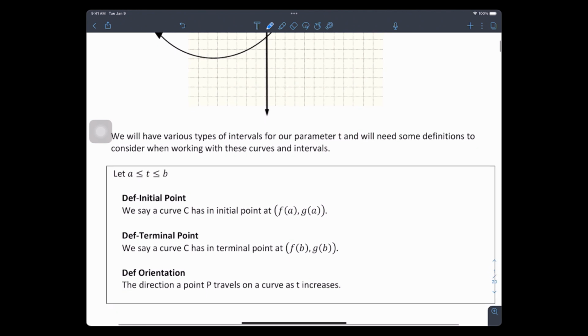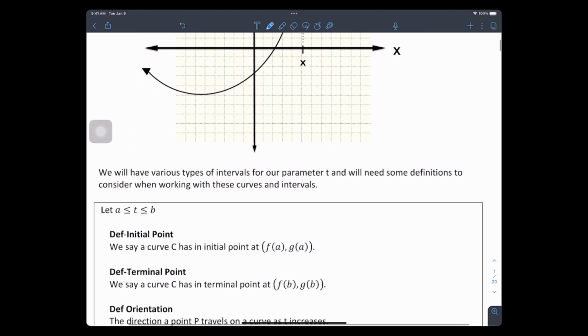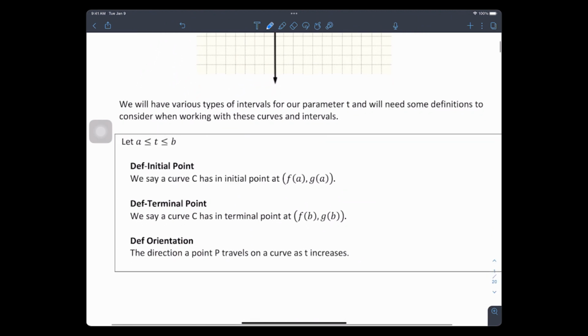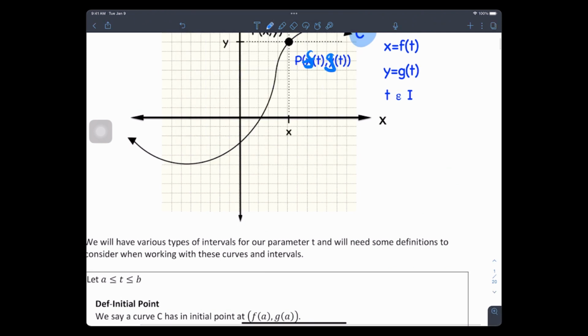And then let me give you guys another idea that we're going to have to work with. Okay? Because t is in an interval, t could be in some interval like a, b. Okay? It could be a closed interval. It could be from negative infinity to infinity, your t value.